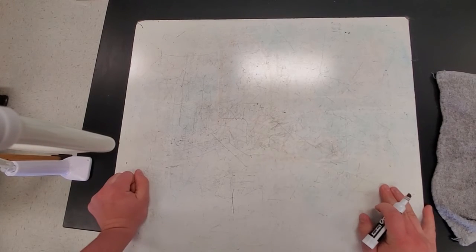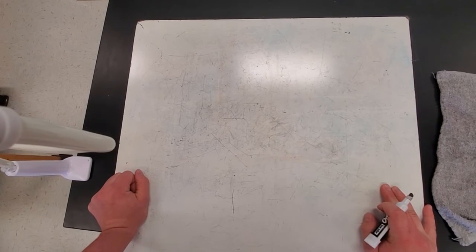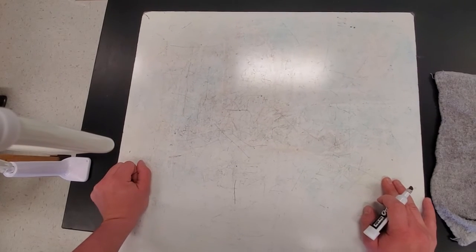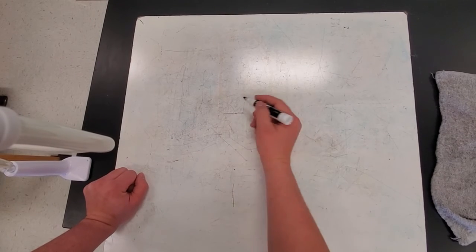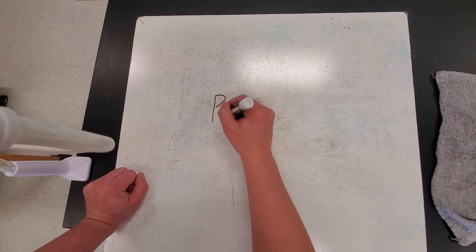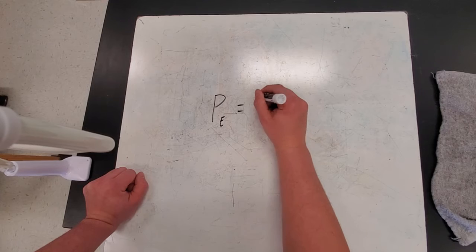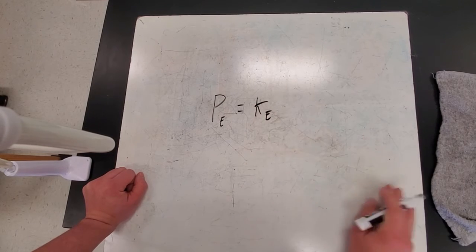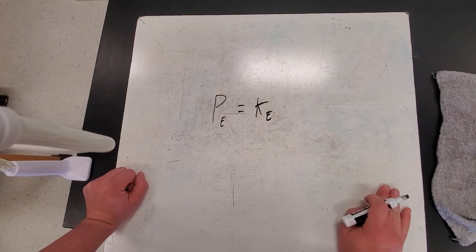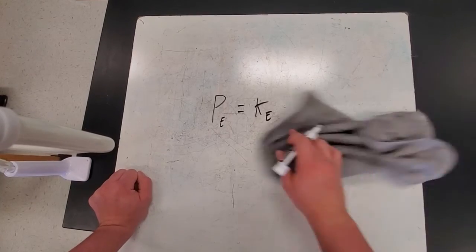Chemical energy would be burning up food to make calories, or using calories as energy, or batteries would be a good example of chemical energy. But mechanical energy is like the motion of an object. So what it says here is that the potential energy is equal to the kinetic energy. The potential energy of whatever object you have is equal to the kinetic energy.